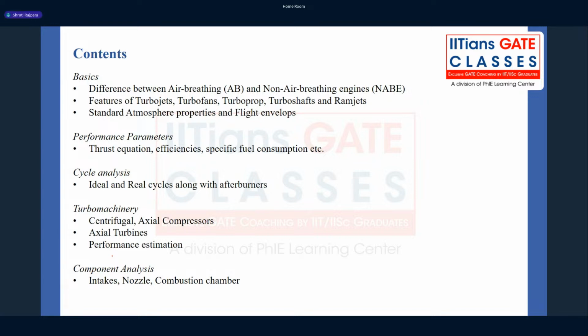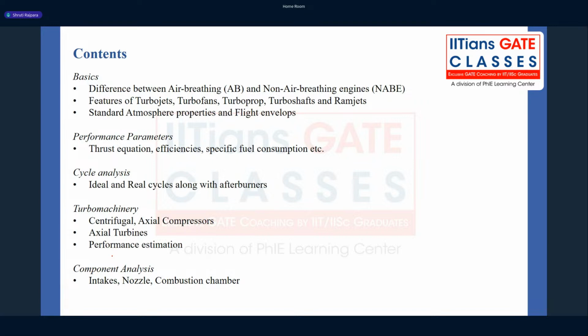So it gives you a measure of the upper limit of how well an engine can perform. But in an actual scenario, there are losses, and there are efficiencies of each part of an engine, like the compressor, turbine, and combustion chamber. Each part has a specific efficiency, so there are losses in each component, and the real cycles behave differently from the ideal ones. So we'll see a comparison.